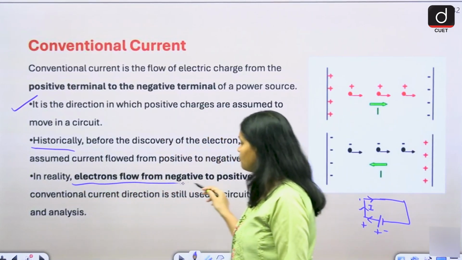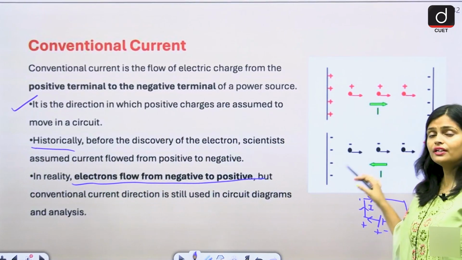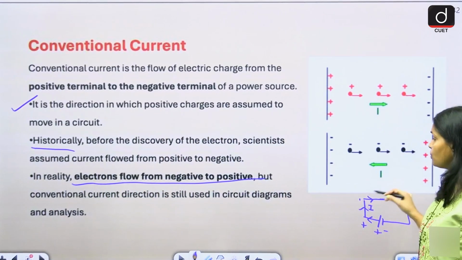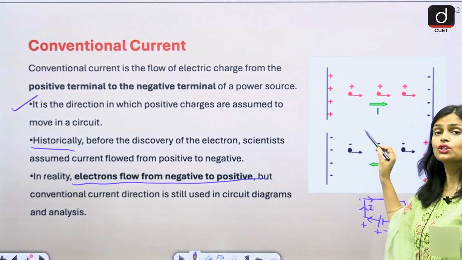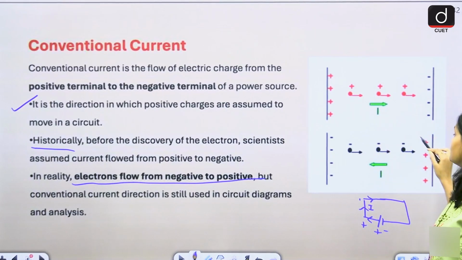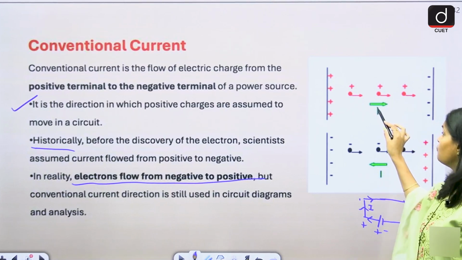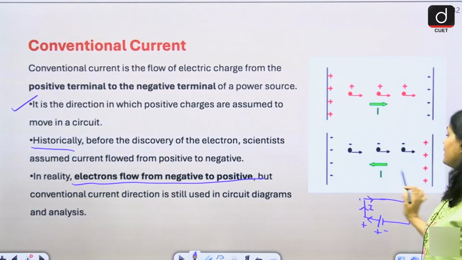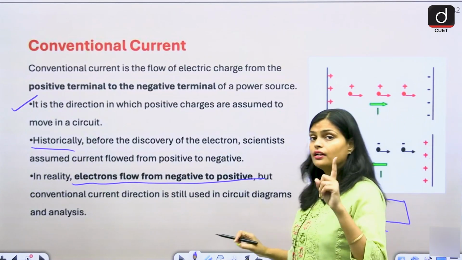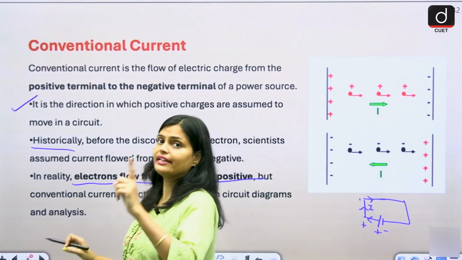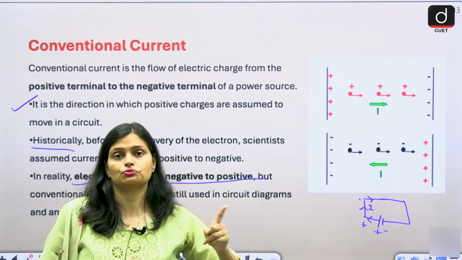Electrons actually flow from negative to positive. तो जब इलेक्ट्रॉन की डिस्कवरी हुई, they got to know that electrons, since they are negatively charged, move towards the positive terminal, but current flows from positive to negative only. ये बात समझ में आई? Current flows from positive to negative terminal only. Electrons flow opposite to the current.